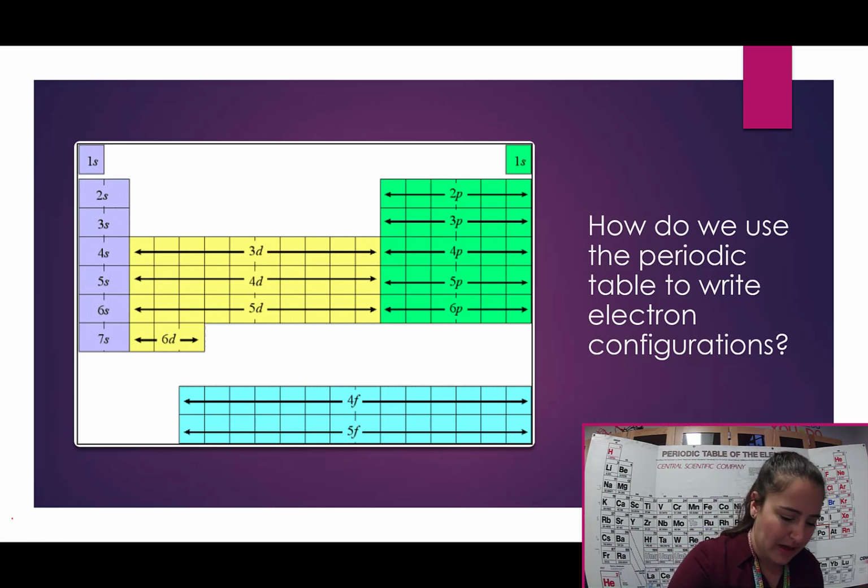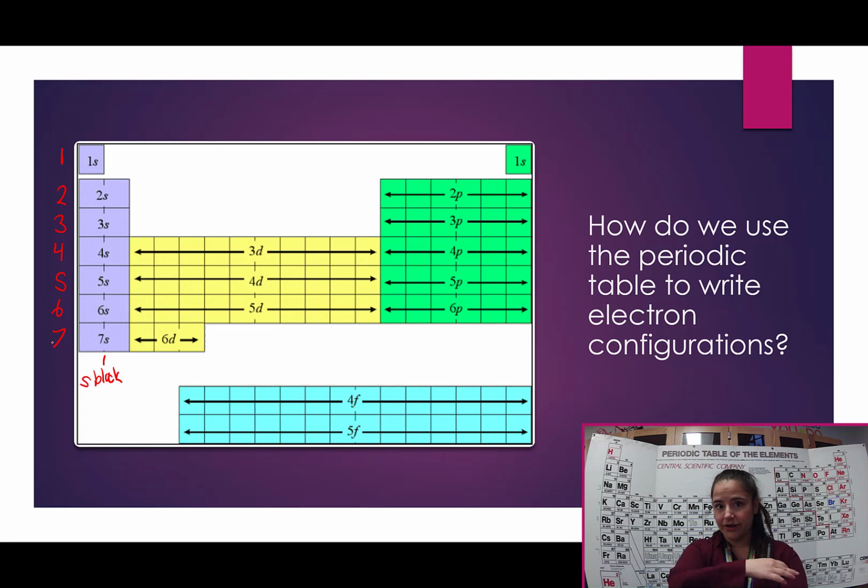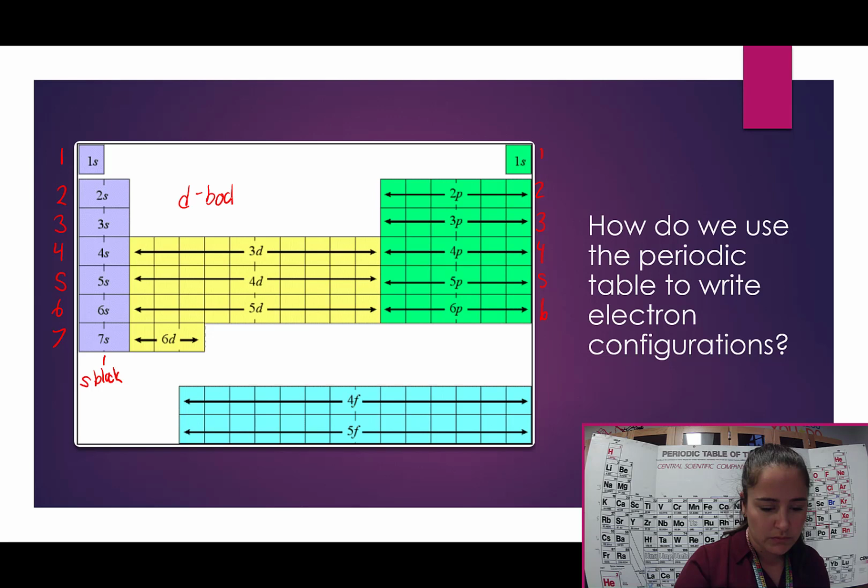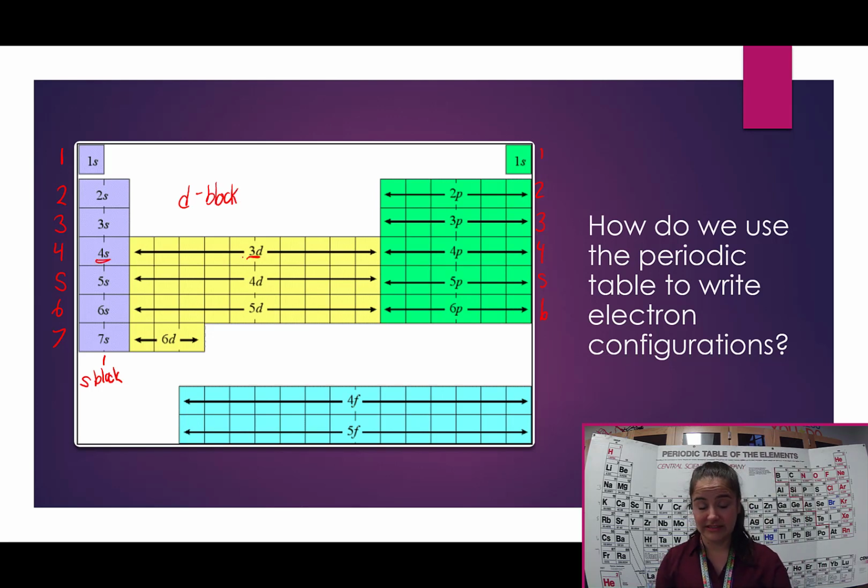In our S block, you'll notice that the groups just follow the period or row number. That is also true for the P block. However, for the D block, you'll notice it goes down by 1. It goes 4s and then 3d.